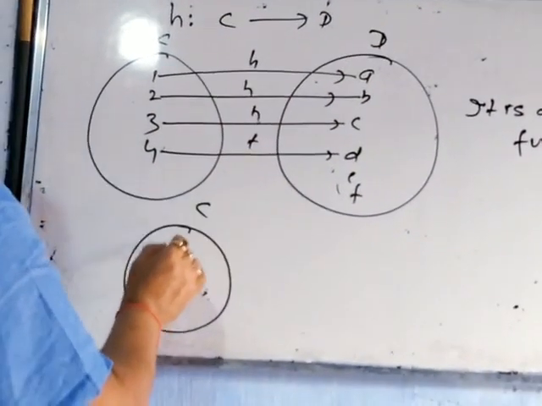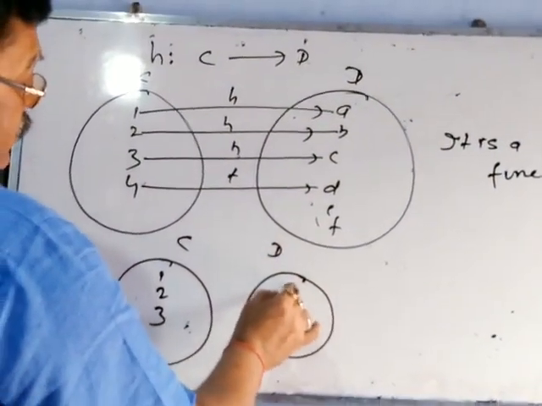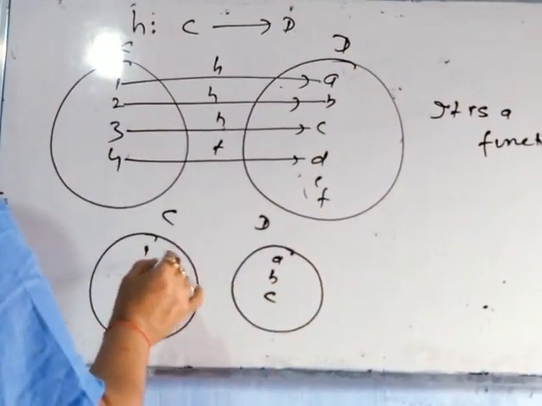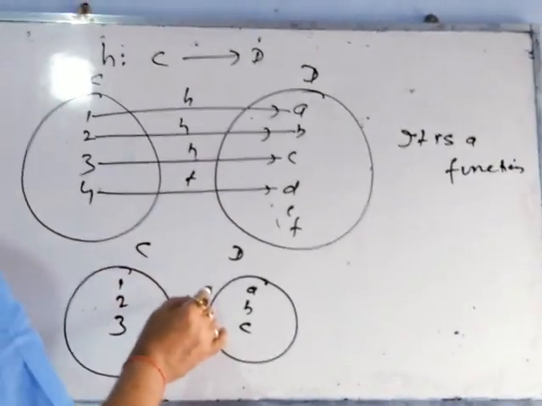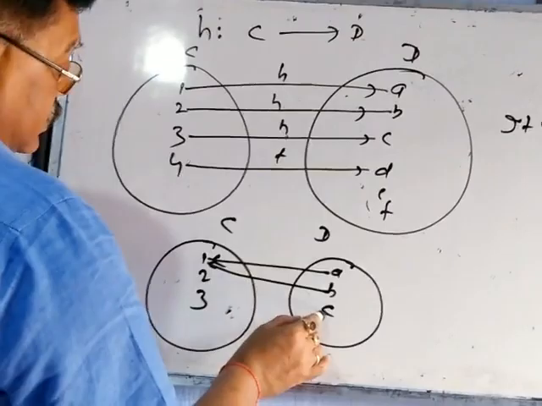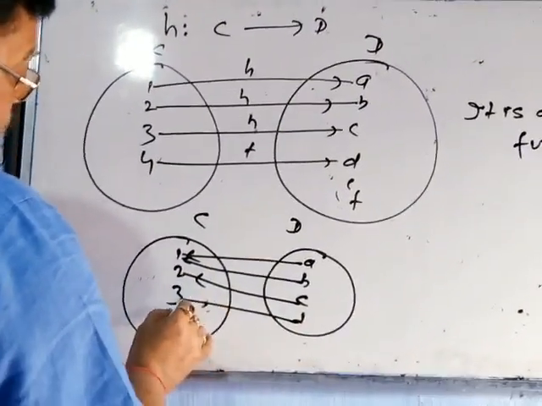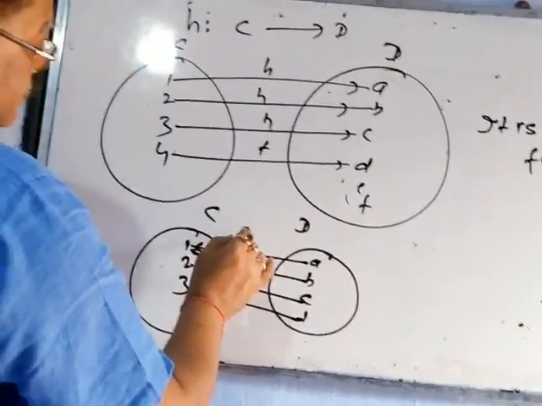Here I am taking C as 1, 2, 3 and D as A, B, C. It is function H. So if I write this and this, it is not a function.